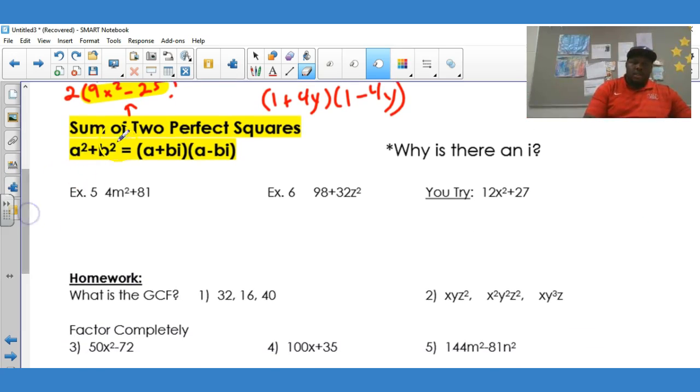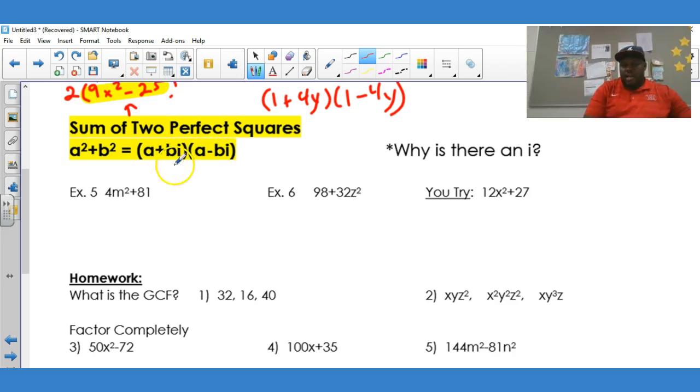Now, the sum of two perfect squares. Right here, I want to show you something. You do the exact same thing, except you're going to have i's. And the reason you have i's is because of this. See how this is positive and this is negative?